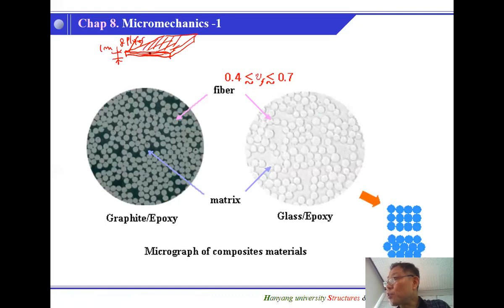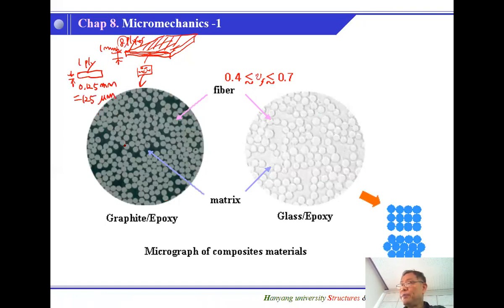Let's pick just one ply. If 8 plies make 1 millimeter, then how thick is 1 ply? Well, this thickness will be 0.125 millimeters, which is about 125 micrometers.